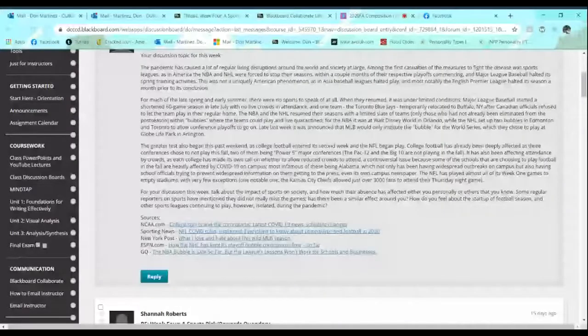The NHL set up 2 bubbles in Edmonton and Toronto to allow conference playoffs to go on. Late last week it was announced that the World Series would be played at Globe Life Park in Arlington. I should clarify, they are doing a multi-bubble like the NHL did for their playoffs.